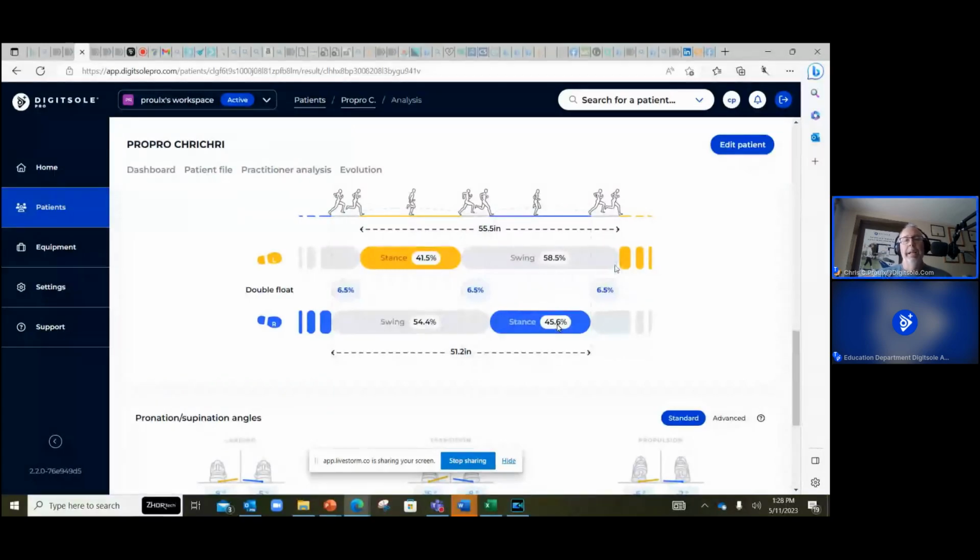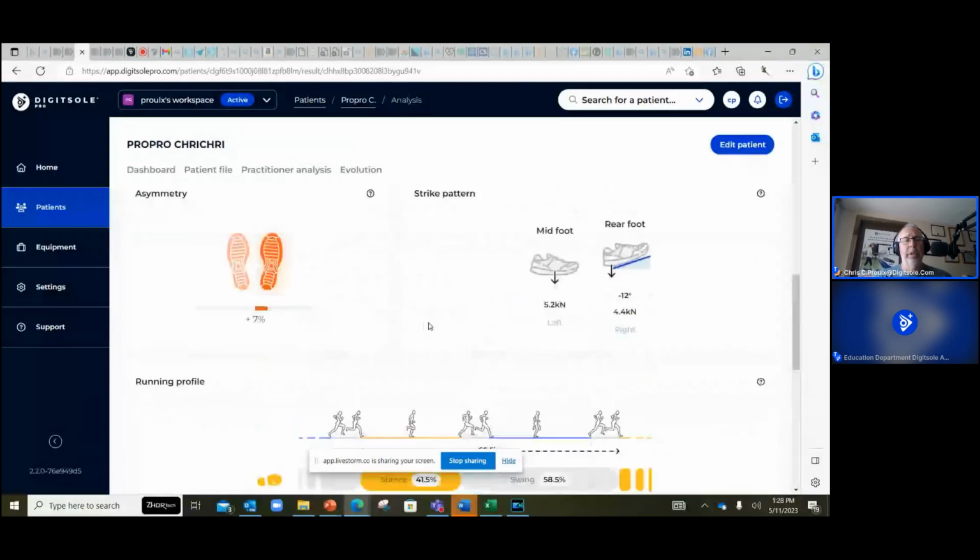I predict that this is going to give us some insight as to potential injury, right? Because basically what's happening here is I'm running like I have sort of a short leg syndrome, especially on that right foot.